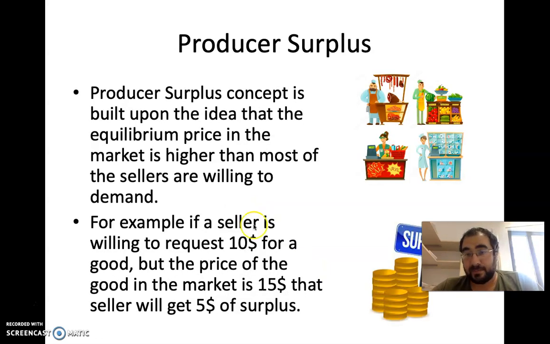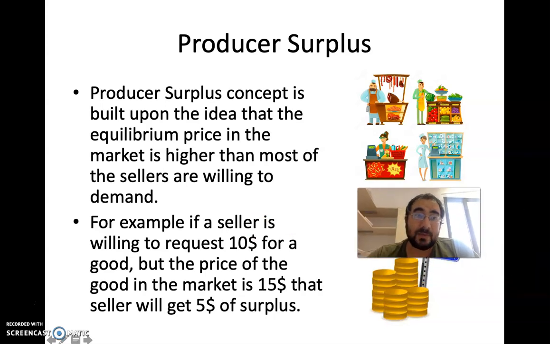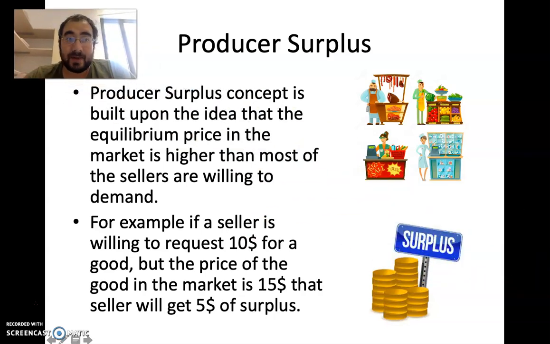Producer surplus. It is very similar, with a small trick at the very end of it. So again, the idea comes from the viewpoint or the assumption that producers go to the market in their minds to sell their product at a minimum price.